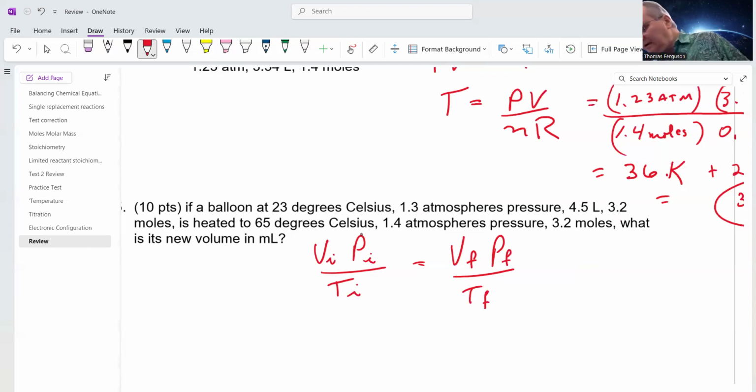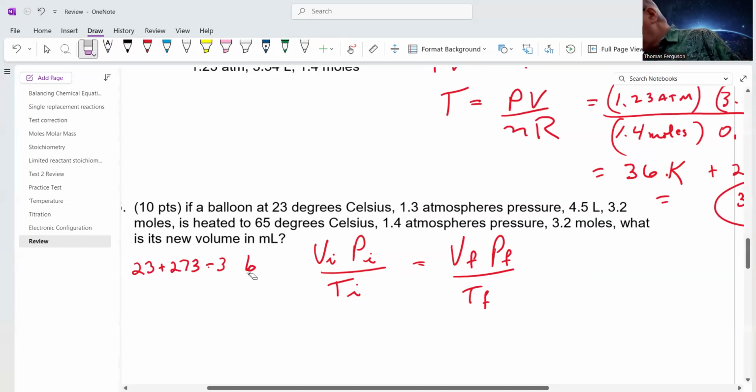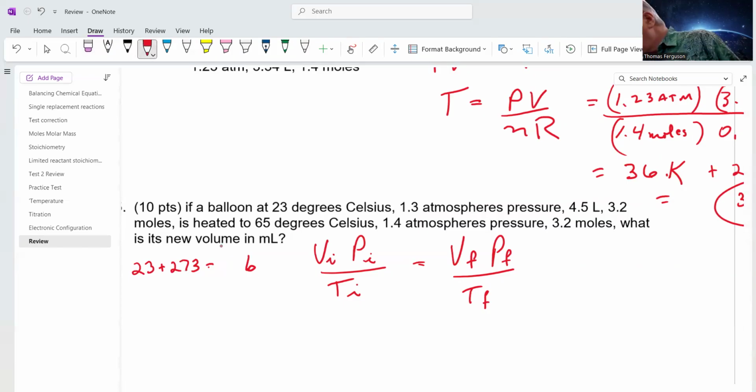So 23 is 296 Kelvin. Now, in your next class, they may say 273.15.